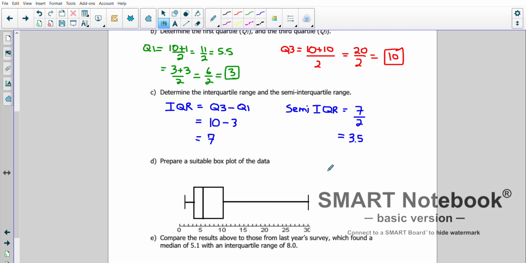So what I'm going to do is take 1.5 and multiply it by the length of the box. How long is this box? Well, that's the interquartile range. So I'm going to go ahead and multiply that by 7.